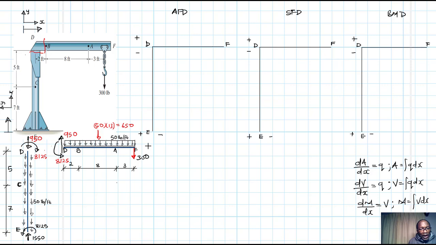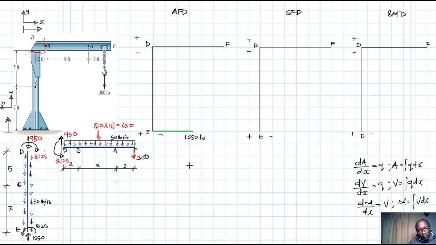So now at E we have an initial value of minus 1550 pounds.